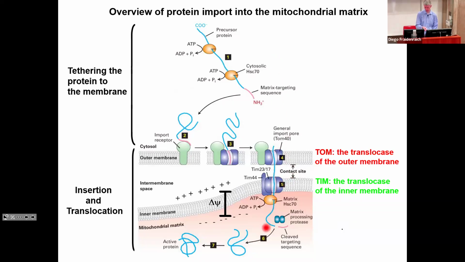And you would pull this protein into the matrix, and in the matrix you have this protein gradient that helps to pull the protein into the matrix, and you have also heat shock proteins that will help to pull the protein through the translocation channel.